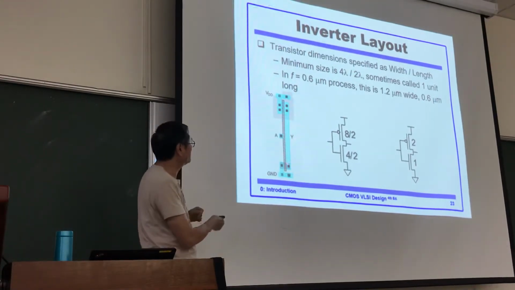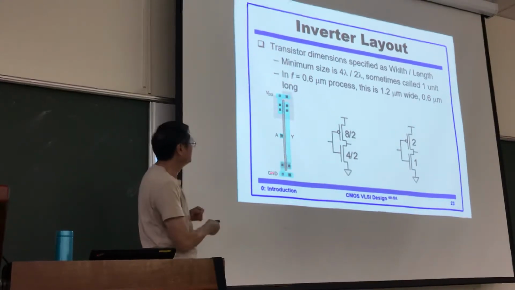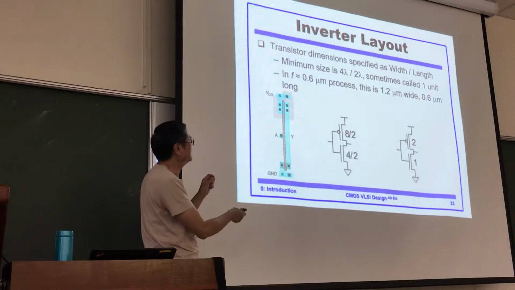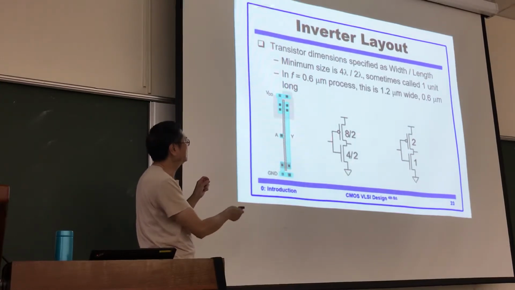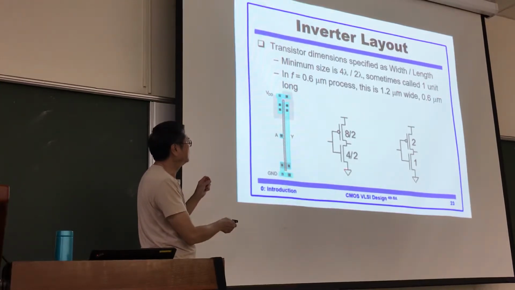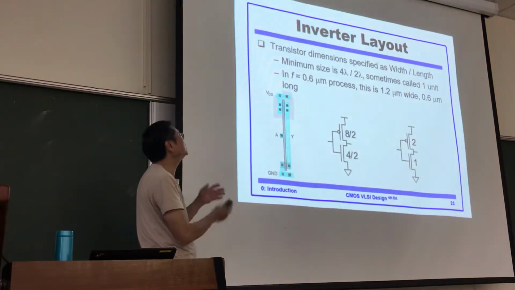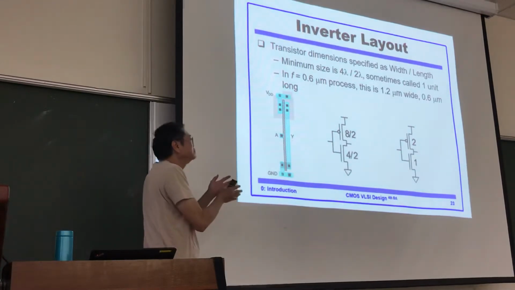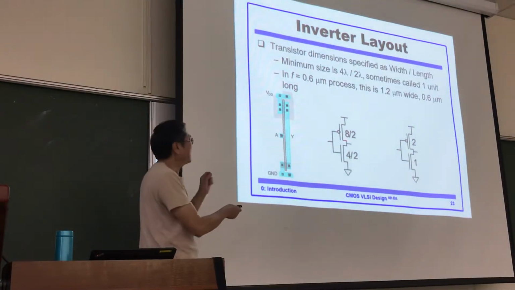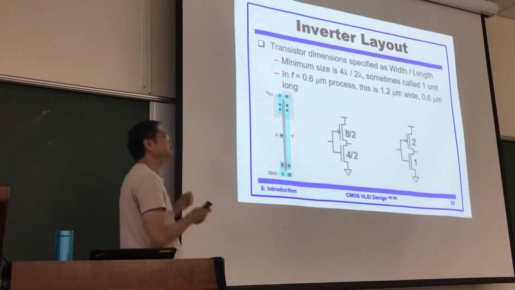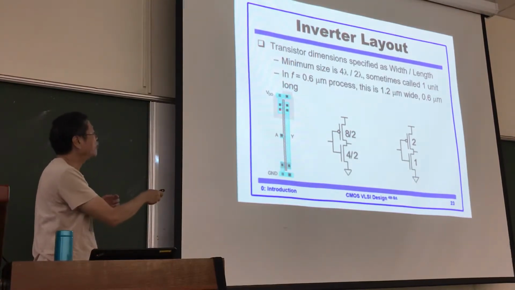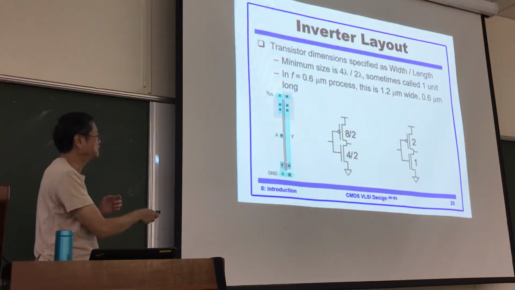The PMOS transistor is at VDD, and the other is at ground. And in the circuit figure, let's say 2 is 2 lambda, indicating the transistor channel length. So 2 is the minimum transistor channel length. And 8 and 4 are the channel width, respectively, how wide the transistor is.